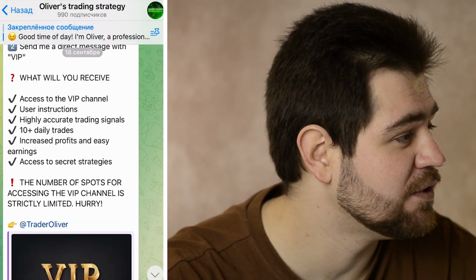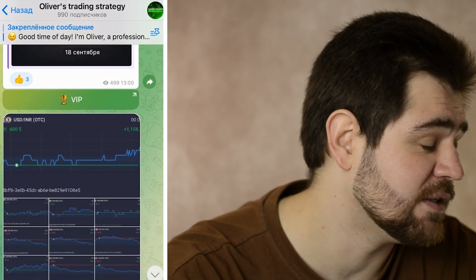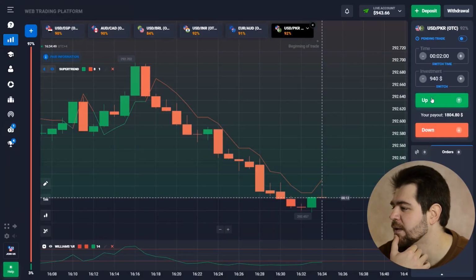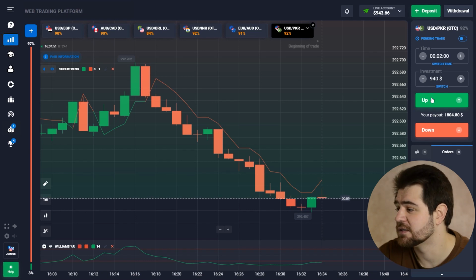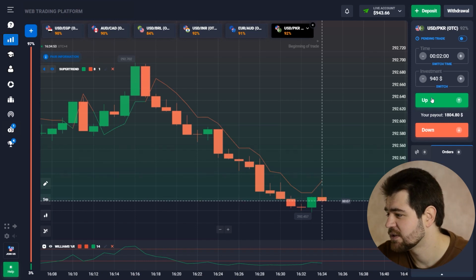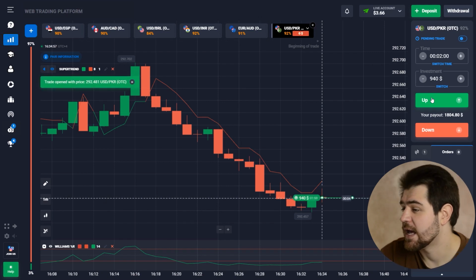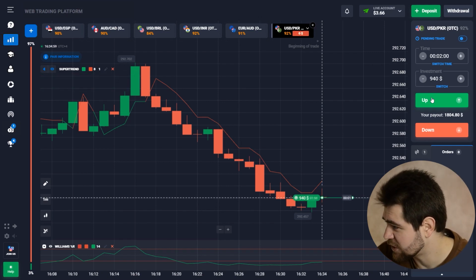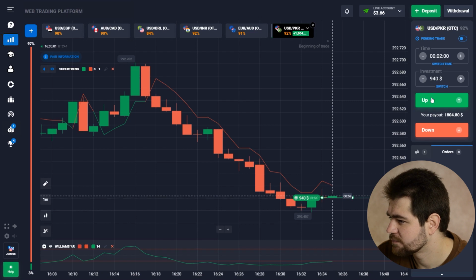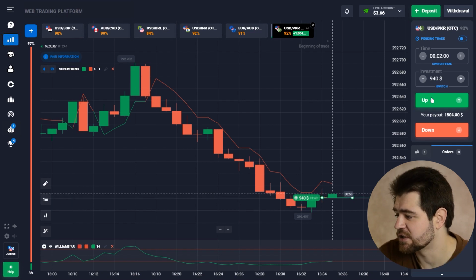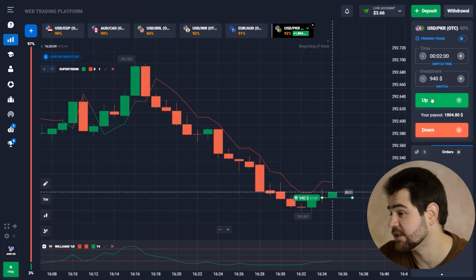Look at that, that's a beautiful downtrend there, and we are on the verge of, I mean, it could be a little pullback, but let's go ahead and place a call option. It also looks like the so-called morning star pattern.